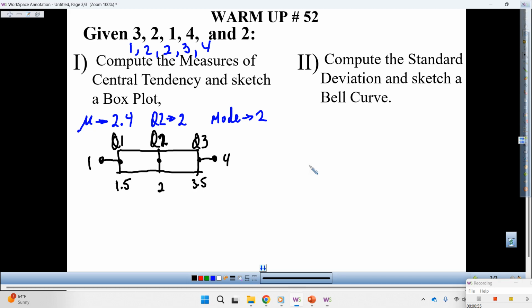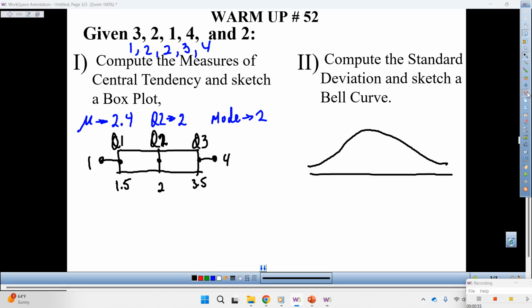Let me get my bell curve going. A little lopsided. Let me fix that. A little bit better. And we said that the mean was what? Mean was 2.4.